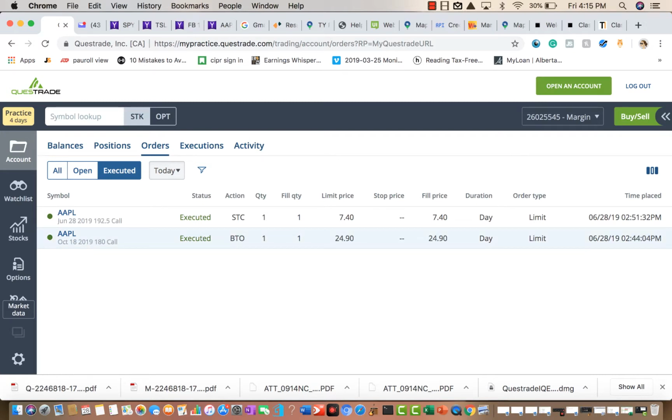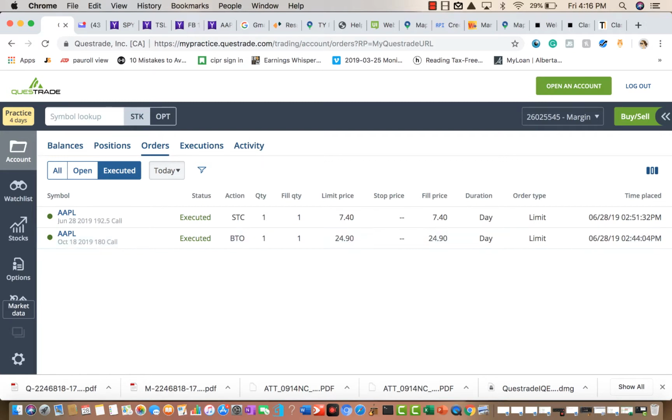So in Canada, the market is open from 7:30 a.m. till 2 p.m. So let's say I put in this limit order to enter Apple for $24.90, and after 2 p.m. my request didn't get filled, or my broker didn't accept my request to pay $24.90.